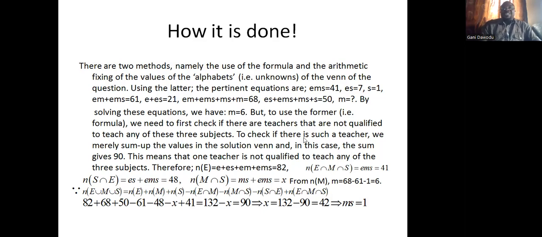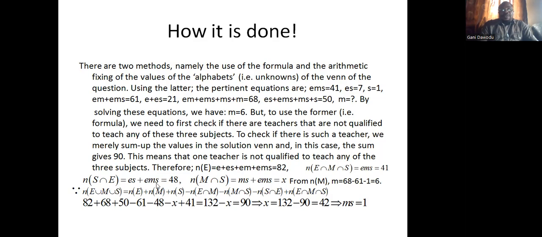If we had wanted to use the formula, then we would have to check whether there are some teachers that are not qualified to teach any of the 3 subjects. We will have to find that first.